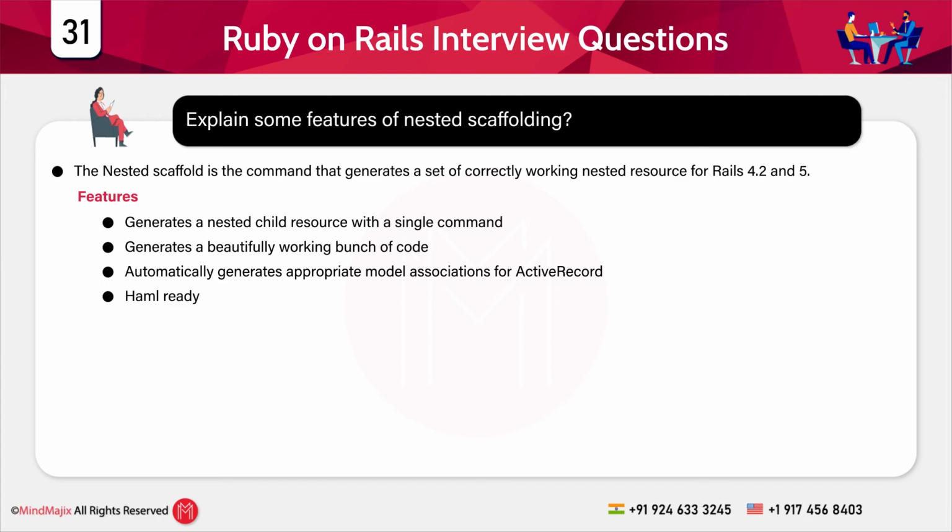The nested scaffold is a command that generates a set of correctly working nested resources for Rails 4.2 and 5. The features of nested scaffolding are that it generates the nested child resources with a single command. It generates a beautifully working bunch of code, automatically generates appropriate model associations for Active Record, and is HTML ready.